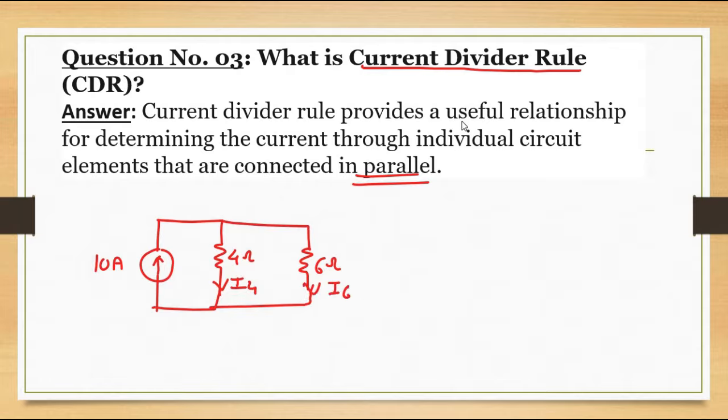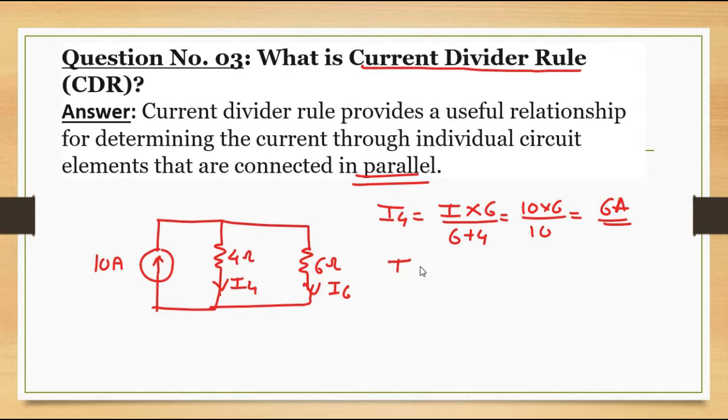So by applying current divider rule, you can directly get the answer as the current flowing through the 4 ohm, I4, will be equal to total current flowing through the circuit into 6 ohm divided by the total resistance, which is 6 plus 4. This comes to be 10 into 6 divided by 10, which is nothing but 6 ampere.